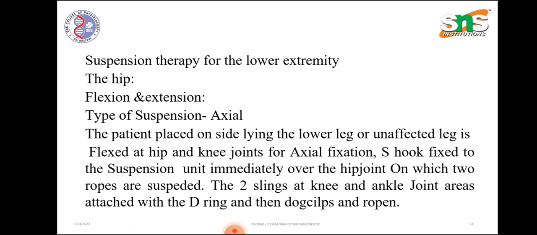The rope is attached to the S hook, and the other end of the rope is knotted to the cleat. Then the sling is attached to the thigh region and the distal leg region. Both D-rings of the slings are attached to the S hook at the primary fixed point.